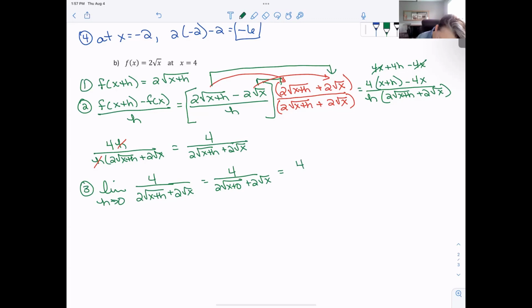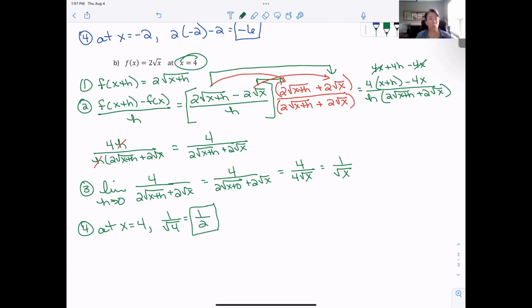So that gives us 4 over 4 square root of x, because they both have the square root of x, and that reduces to 1 over the square root of x. No more h's. But remember, we still have to do it at x equals 4 up there. So last thing we're going to do, take the value at x equals 4. So we get 1 over the square root of 4, which gives us an instantaneous rate of change of 1/2.